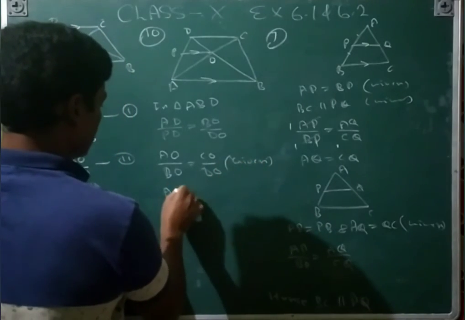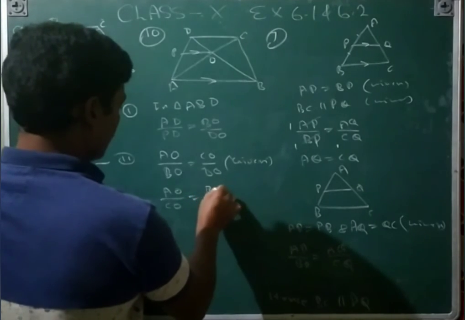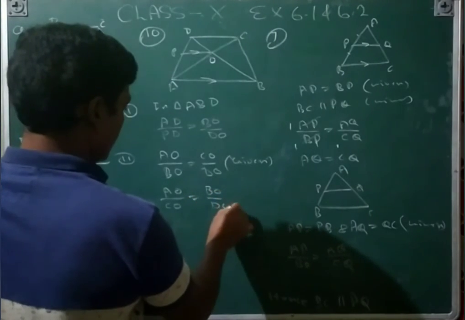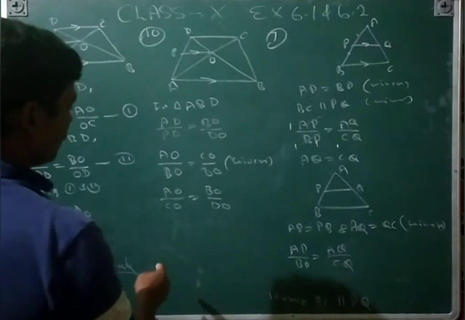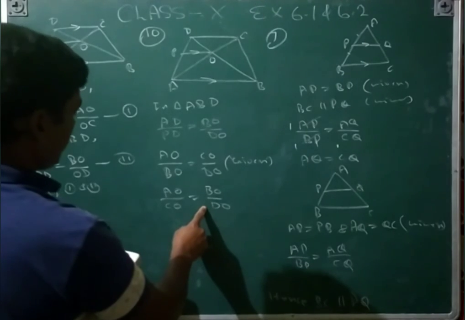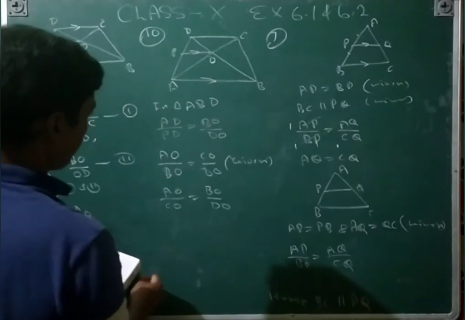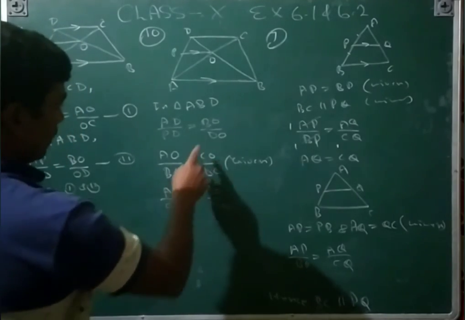So we can write like this: AO upon CO is equal to BO upon DO. Both are the same.